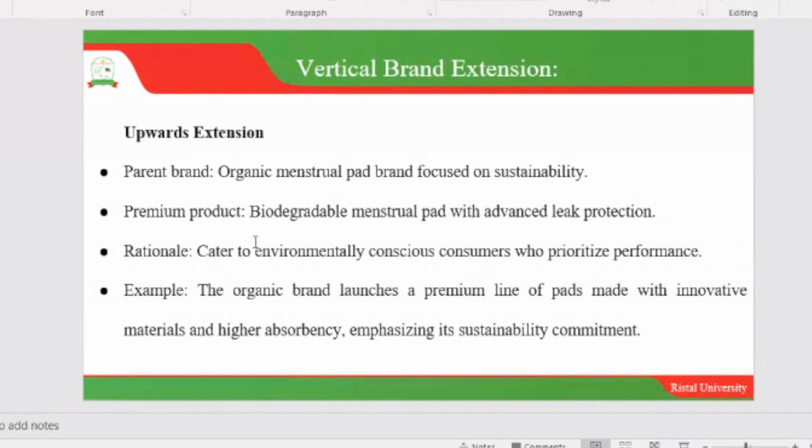For example, from an organic pad brand focused on sustainability, you go to a biodegradable menstrual pad with advanced leak protection. So in other words, here you are upgrading your product from one problem to another, or from one solution to another.